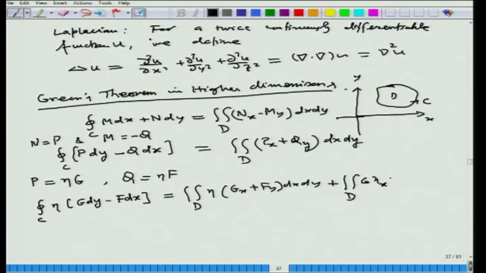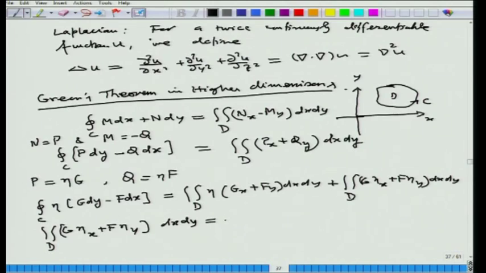g eta x plus f eta y dx dy. And so, we take one term on the other side, so we will get like this here. Okay. So, we can write this over D like this, g eta x plus f eta y dx dy.